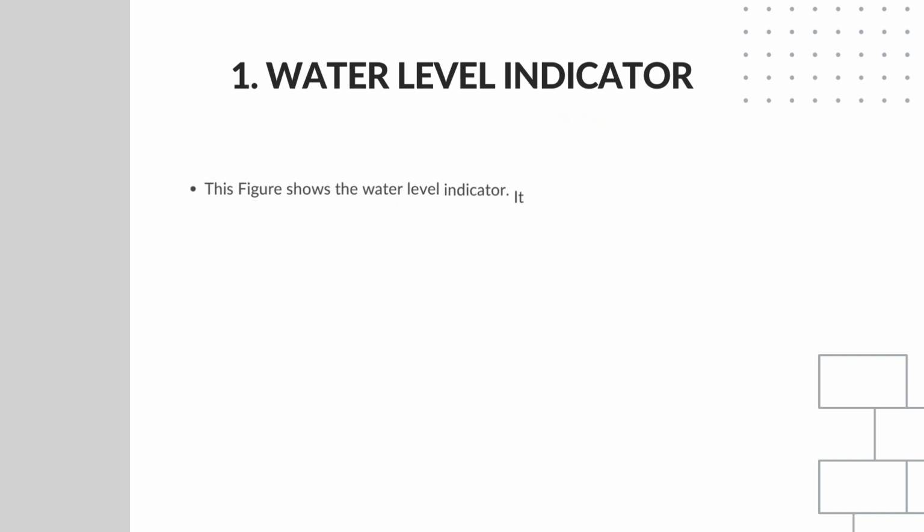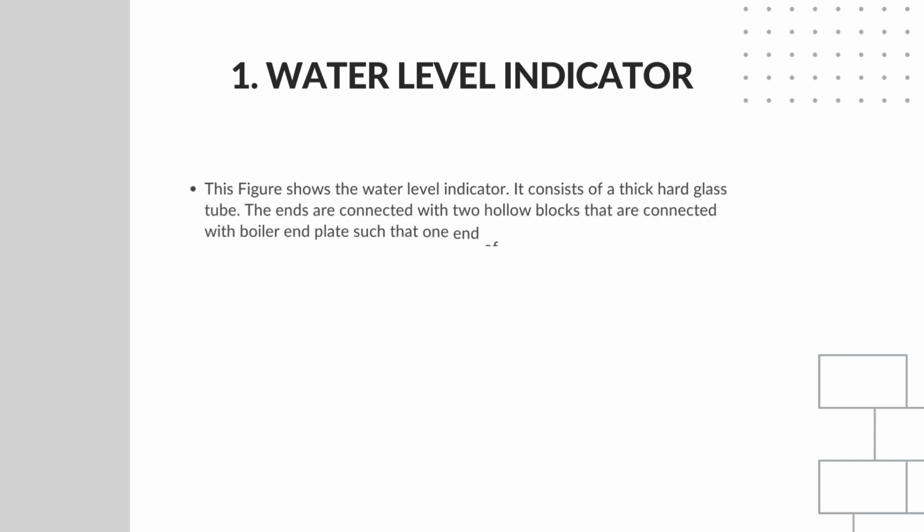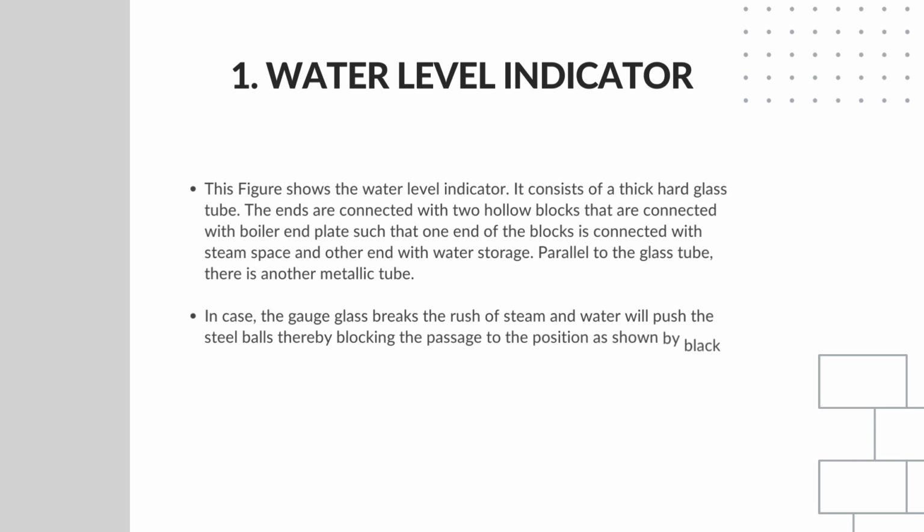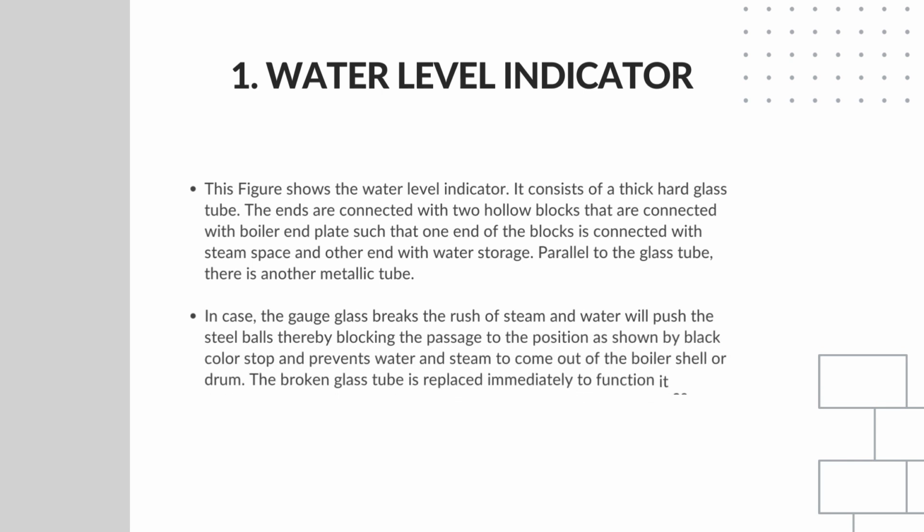This figure shows the water level indicator. It consists of a thick glass tube. The ends are connected with two hollow blocks that are connected with the boiler shell, such that one end of the block is connected with the steam space and the other end with the water space. Parallel to the glass tube, there is another metallic tube.